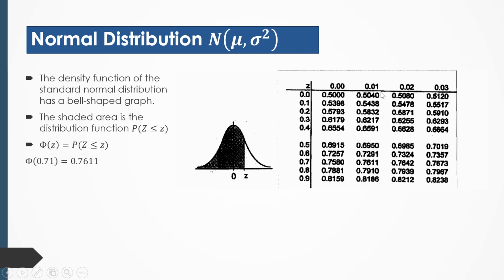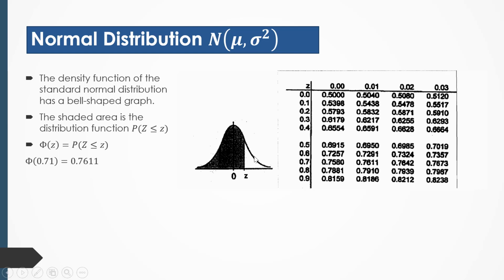So we look at the intersection between the column of 0.01 and the row of 0.7. You got 0.7611. So this number 0.7611 represents the area to the left of the z-score 0.71.